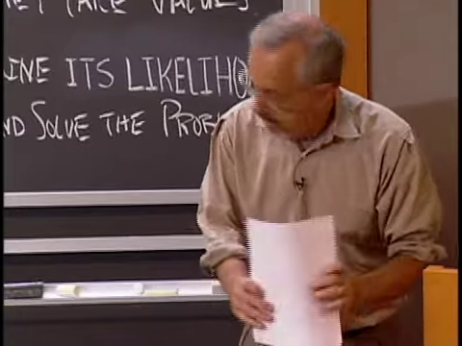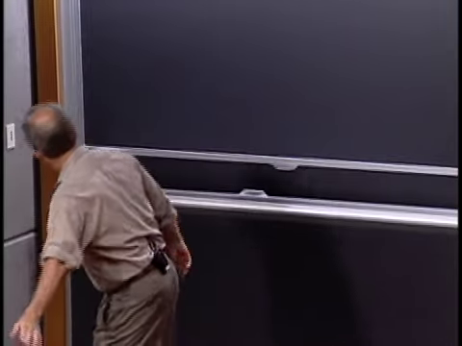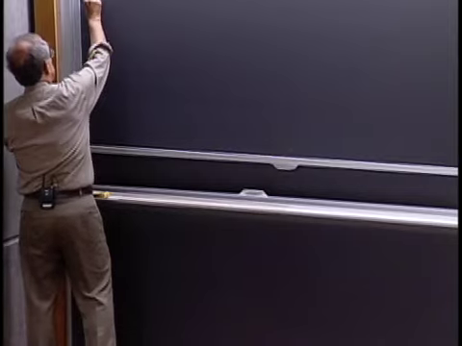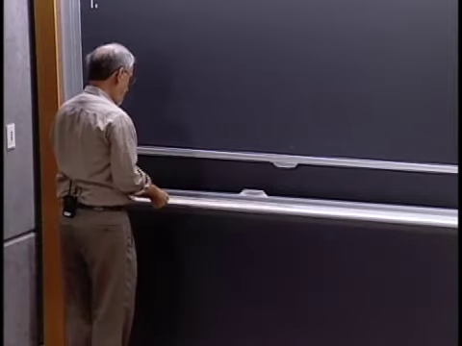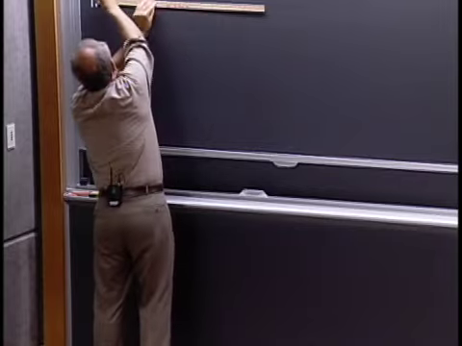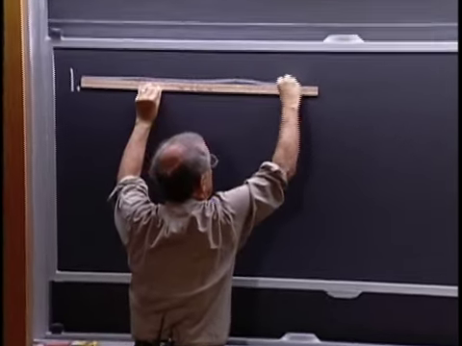So we are going to go over here and define the variables first of all. Step number 1, define the variables. Well, we have a yardstick. So let's draw this yardstick like this.